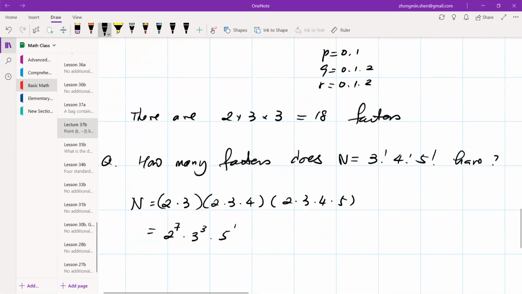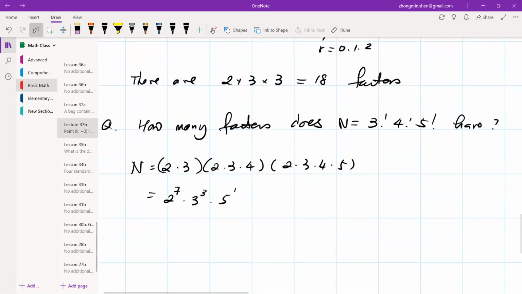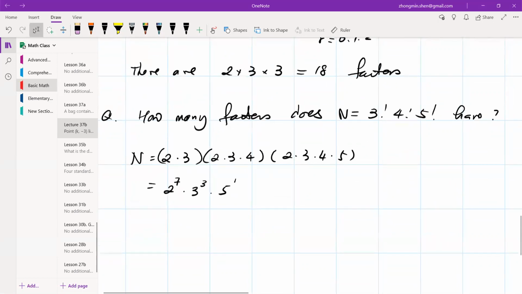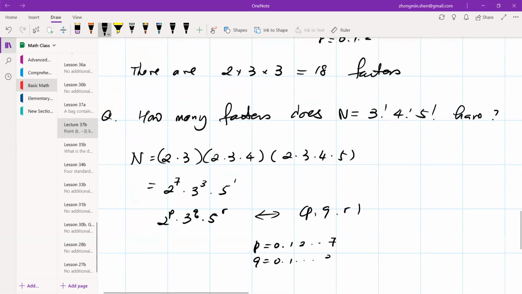Okay, so this is the number. You don't need to multiply them out. It's a prime factorization. And then clearly a factor is in this form, in one-to-one correspondence, where P is from 0, 1 all the way to 7, Q is from 0, 1 all the way to 3, and I is from 0 to 1.